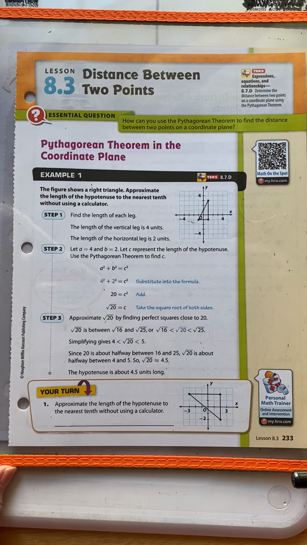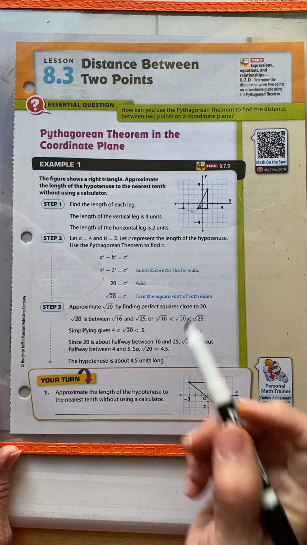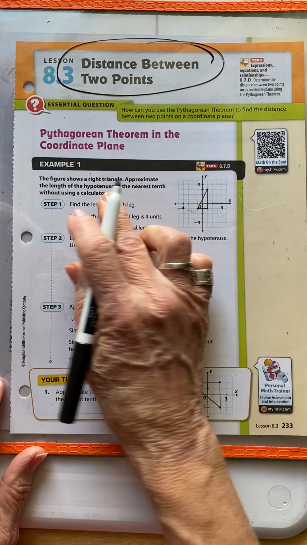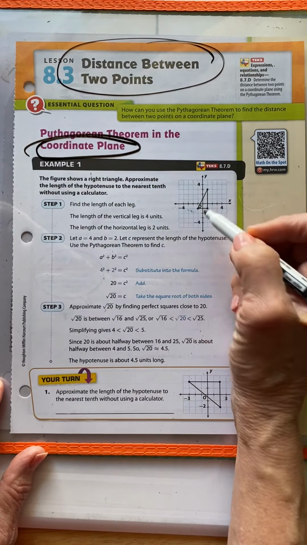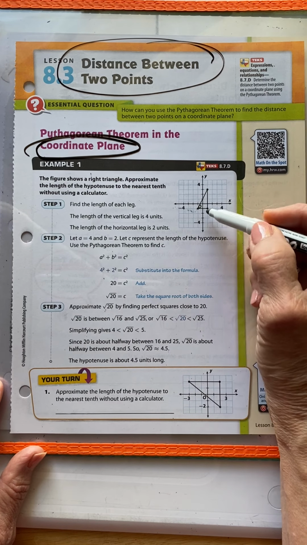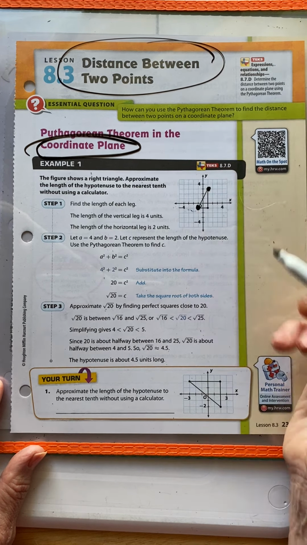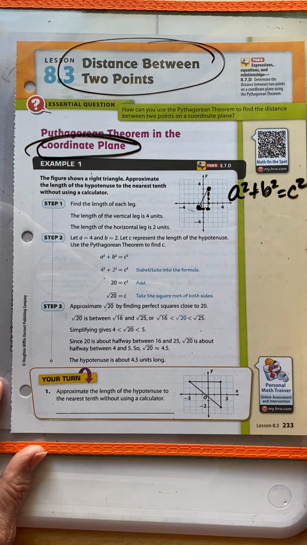So yay, no STAR. But today I want us to relook at the distance between 2 points. It might be given on a coordinate grid, on a coordinate plane. It may be shown between these 2 points here. So you could use your dotted lines and still plug into a squared plus b squared equals c squared.